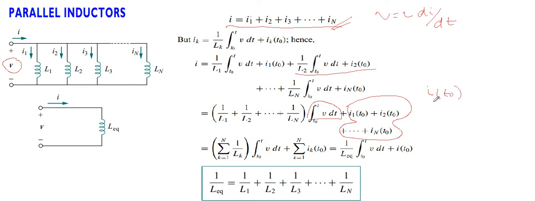Now, by doing that, we have this one. The voltage has been factored out. And then, you add the inverse of all the inductors. So, what happened there is this is now the L equivalent of our inductors. And again, if you notice, it is the same as for parallel resistors. Try to check.